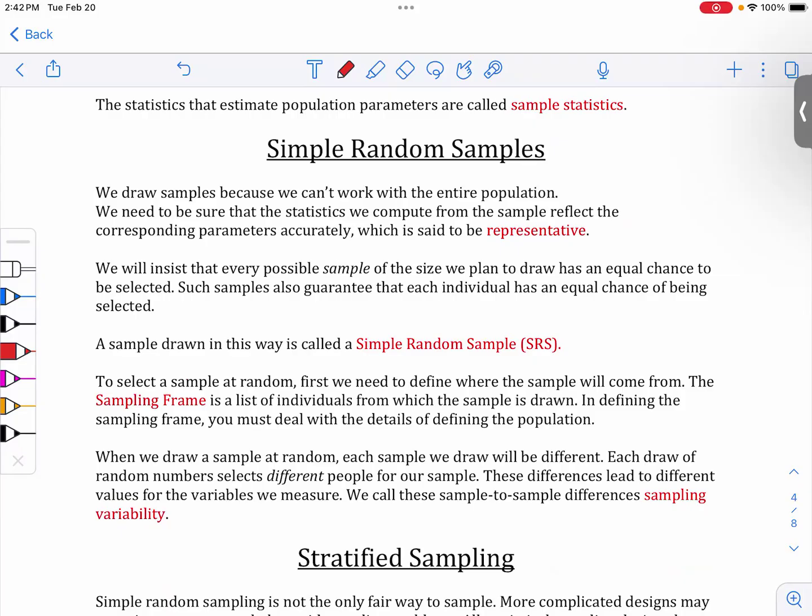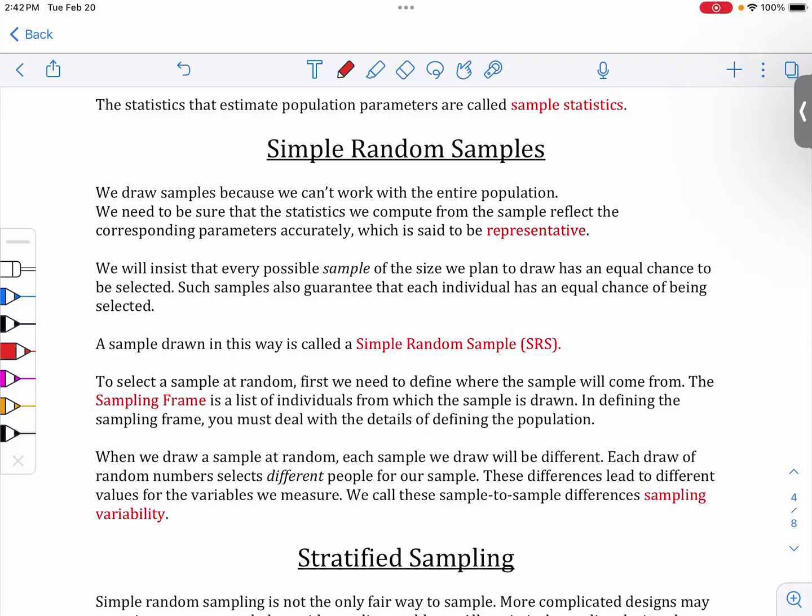If I was talking about all US adults, that sampling frame is about getting that list of all US adults. And this is why this method is the most commonly approached, but the most commonly messed up, because getting that list of all US adults is very, very difficult. That's why we try and do these in smaller groups, and that's why we have other methods. But if you can get the proper sampling frame, then simple random sampling is the easiest.